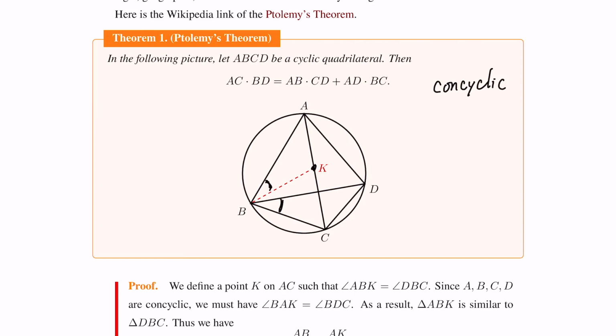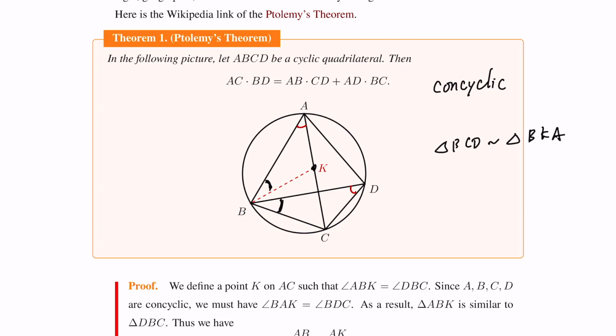Once you do that, we can quickly see there's a pair of similar triangles: triangle BCD is similar to triangle BKA. Why? Because these two angles are the same, as they are inscribed angles facing the same arc, so by the inscribed angle theorem they must be the same.